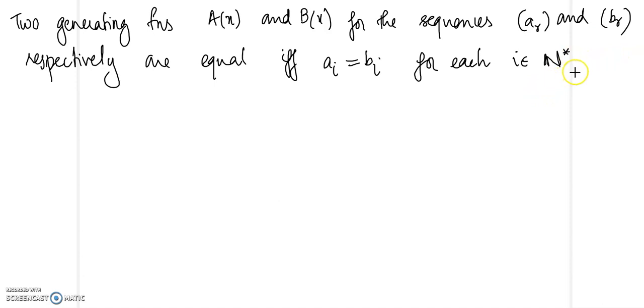So that is the set 0, 1, 2, 3 up to infinity.